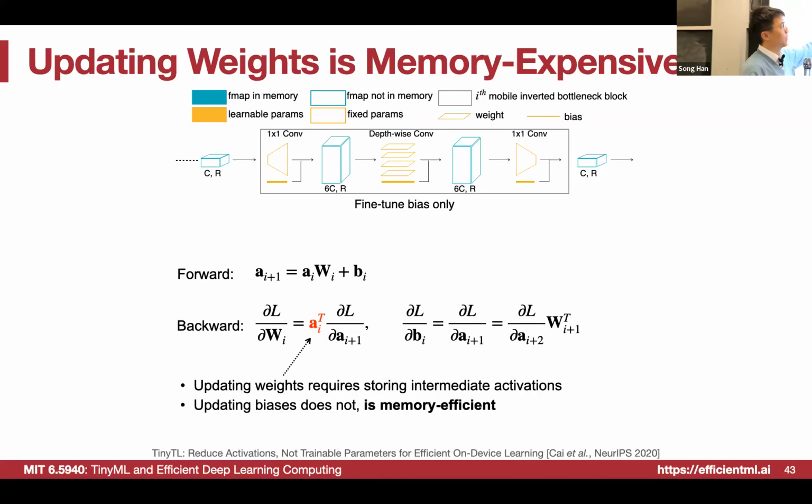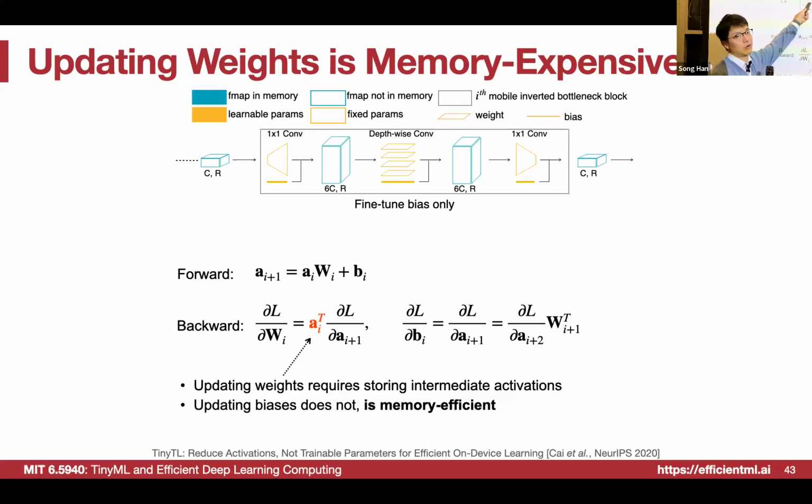On the top, we are showing the weight and also the activation memory denoted in different colors. The orange, the yellow part is showing the parameters, and the green part or the blue part is showing the activation. So this is an inverted bottleneck layer, starting with a 1-by-1 conv with the expansion ratio of 6.